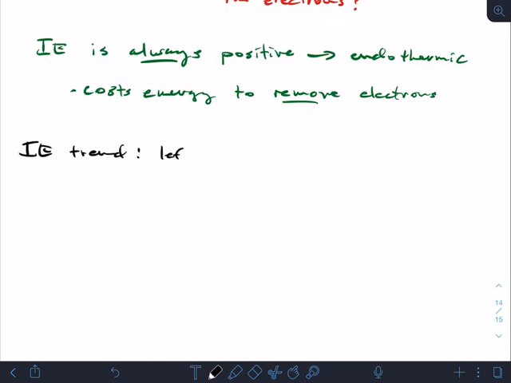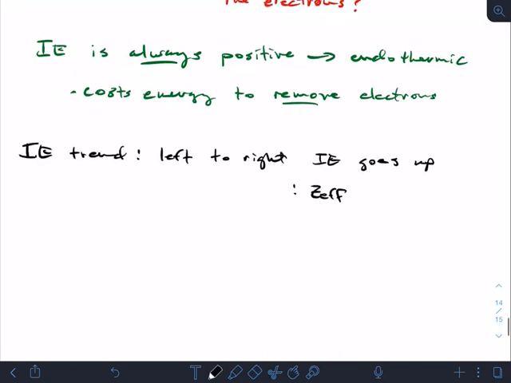All right. So the periodic trend for ionization energy is left to right, ionization energy goes up. What else goes up going left to right? Z effective.